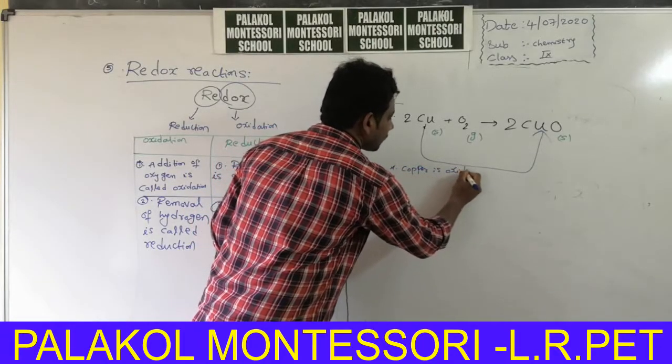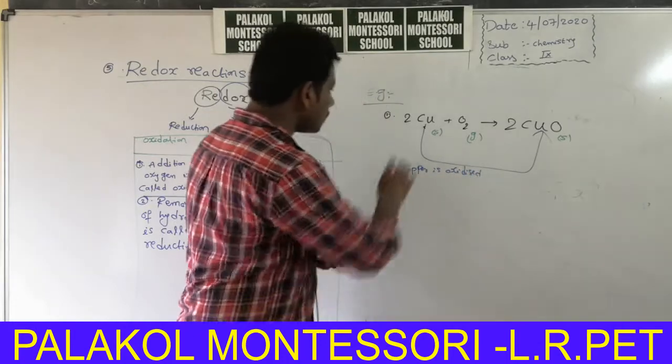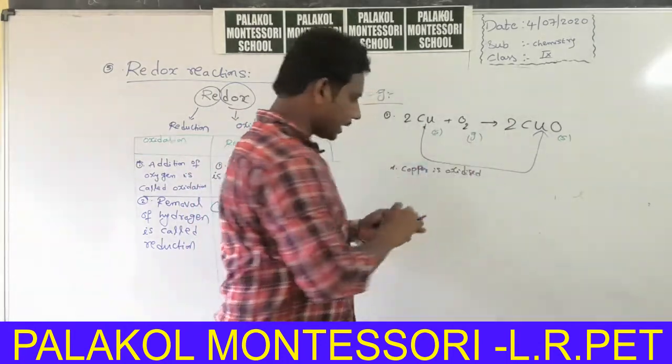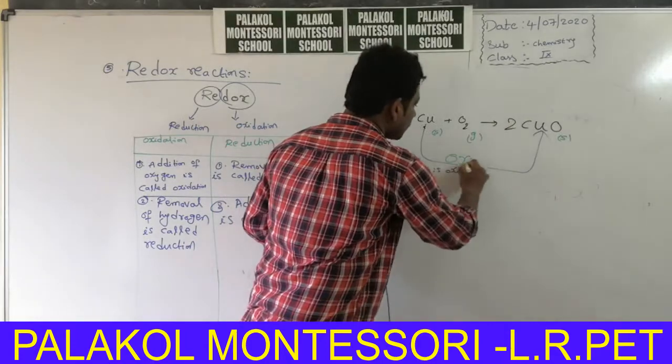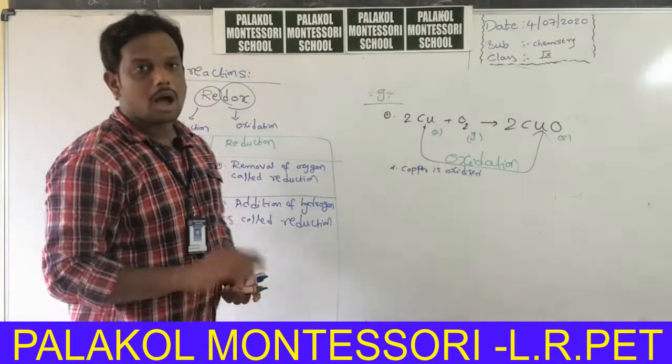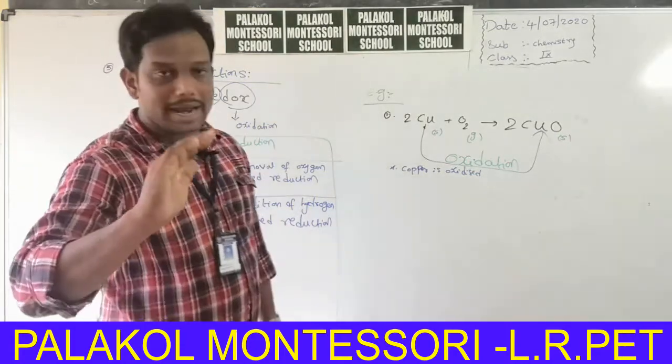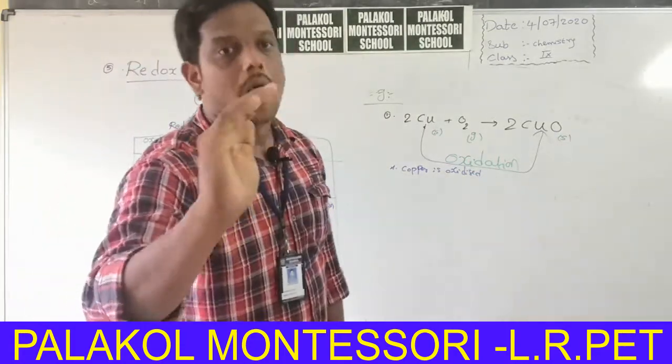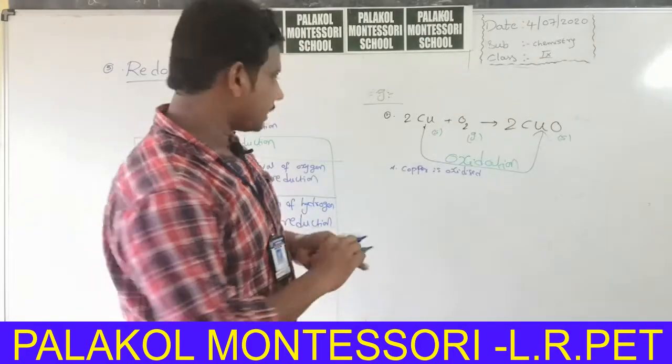Copper to copper oxide, this process is called oxidation. When copper reacts with oxygen, it forms copper oxide. It is an example of oxidation.